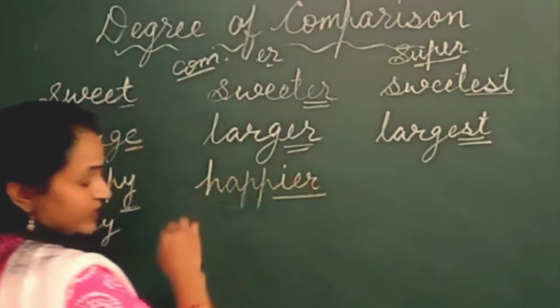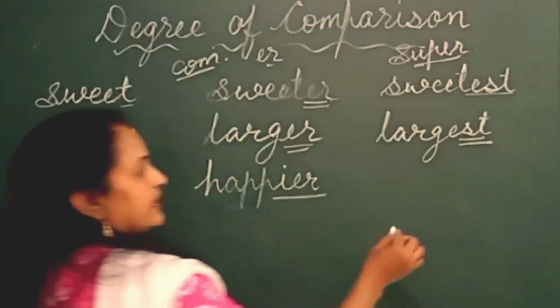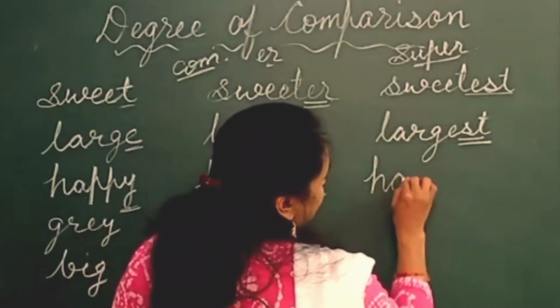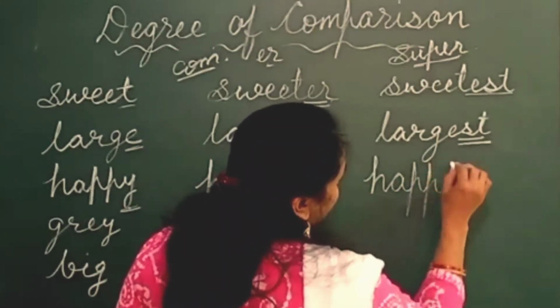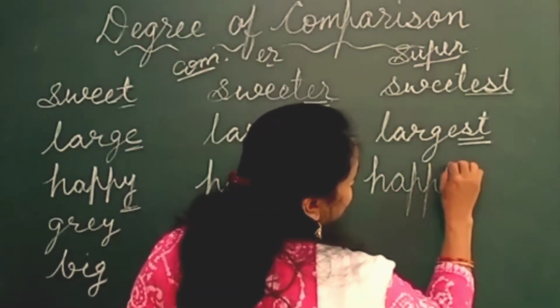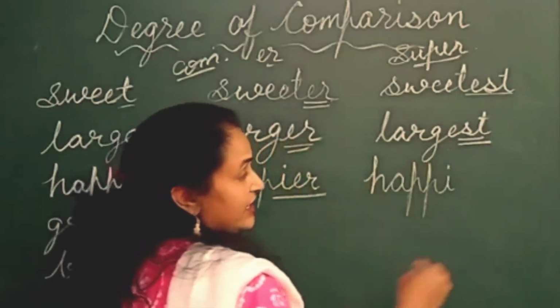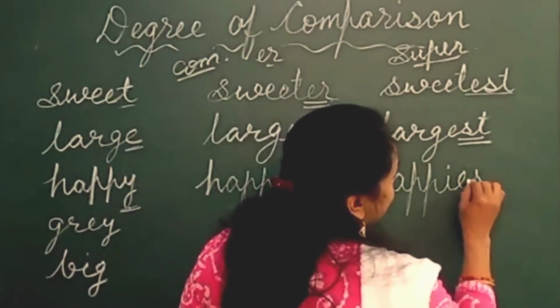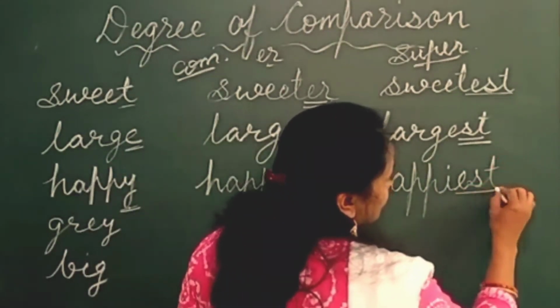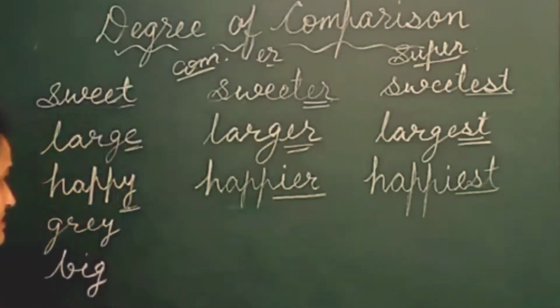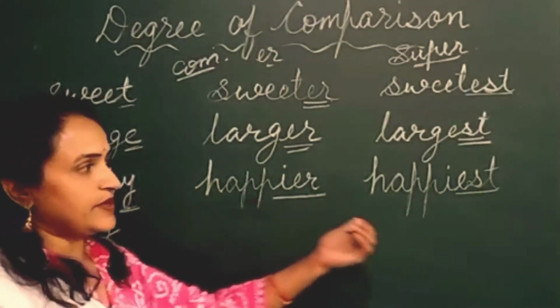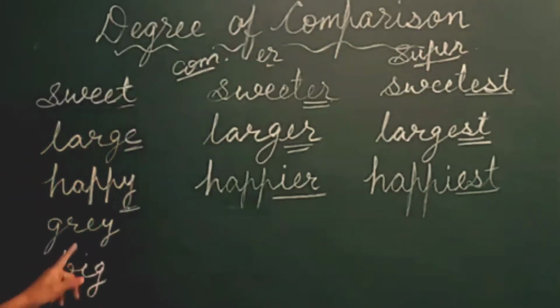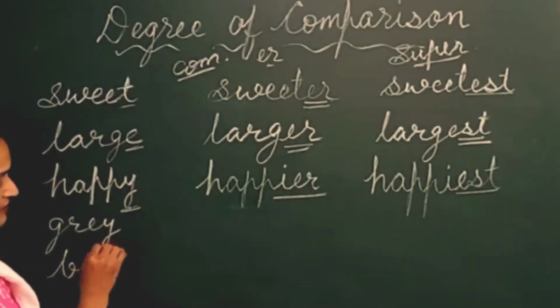So it will become happier, and to make its superlative degree, omit this y and use i, and after this est. So it will become happiest. Happy, happier and happiest.